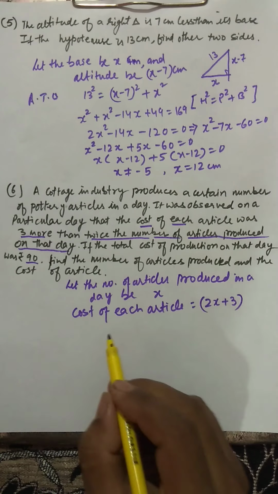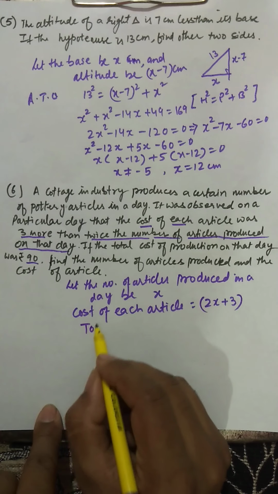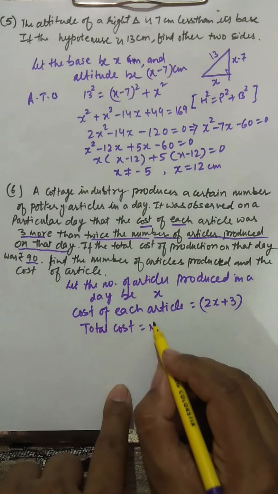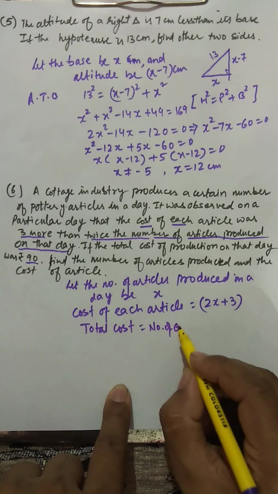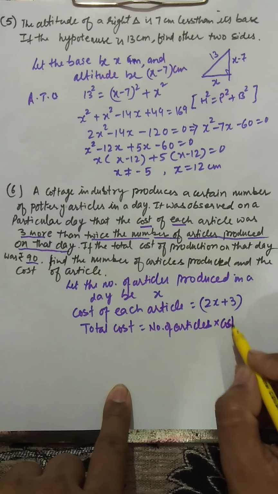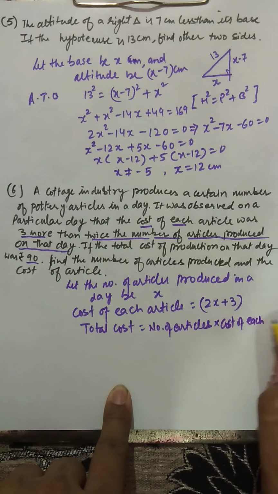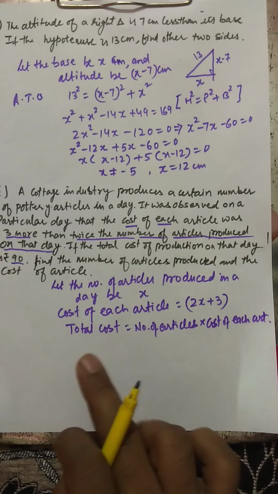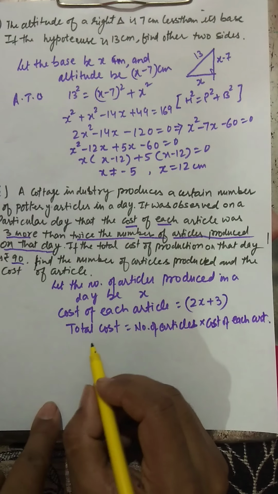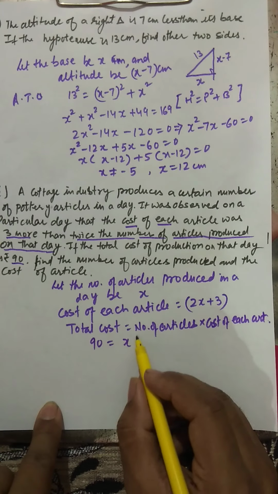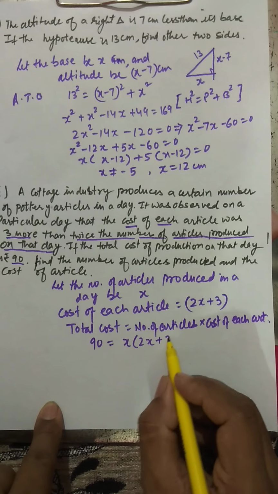This is the cost. So you know that total cost is always equal to number of articles into cost of each article. So that way you can find the total cost. Total cost is given to you 90, and number of articles are x and cost of each article is 2x plus 3.